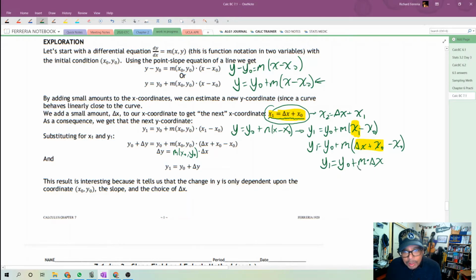So if we call this our change in y, and there's no reason not to call it the change in y, we have y1 equals y naught plus something additional, and of course that something additional is going to be the change in y. So that gives us a formula for the change in y. Delta y is going to be equal to m multiplied by delta x. And this is an equation that's going to drive us here with Euler's method.